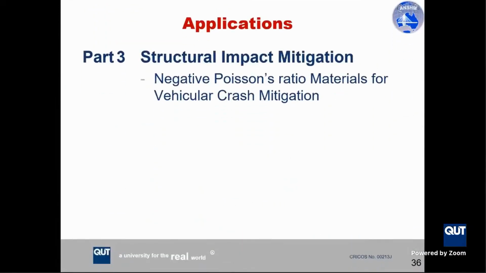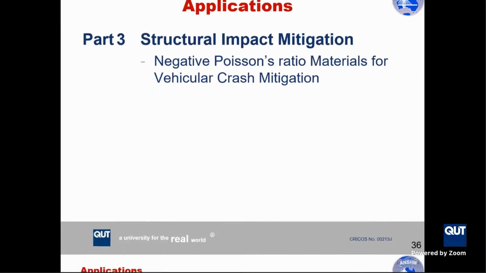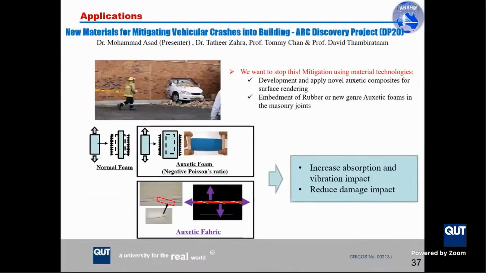The third part in our application study is categorized as structural impact mitigation. In this category, we have ongoing research on negative Poisson's ratio materials for vehicular crash mitigation. In Australia, there are about 2,000 vehicular crashes into buildings a year. So this figure shows a typical crash of a car into a building.